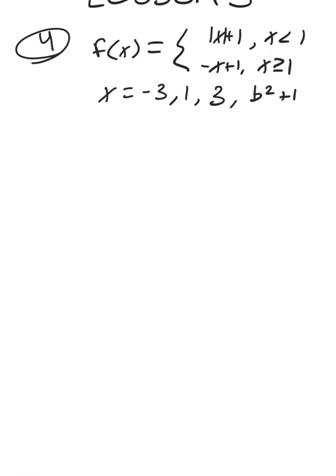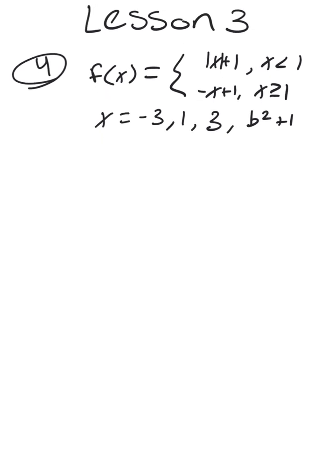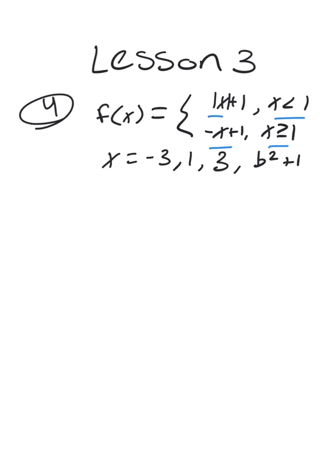So in order to solve this, we must first plug in the x's to the following equations, or inequalities I should say. So let's start plugging them in. For f, x equals negative 3, we plug it into this equation here.